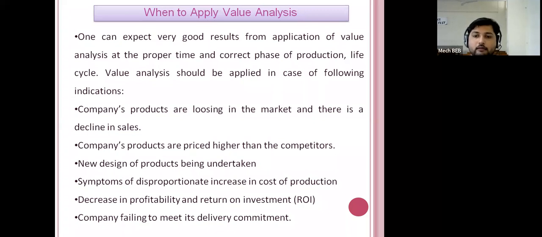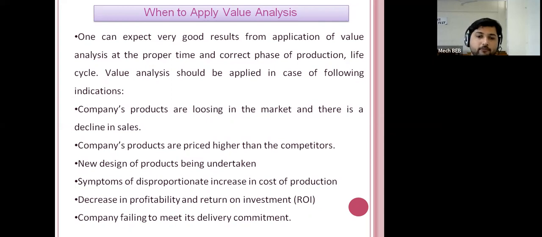Then when the company's profitability and return on investment are in a declining phase, okay, it is showing a declining trend, at that time this value analysis concept needs to be applied to try to reduce the production cost and try to inculcate more value in the product, so that the customer will be attracted to the product.